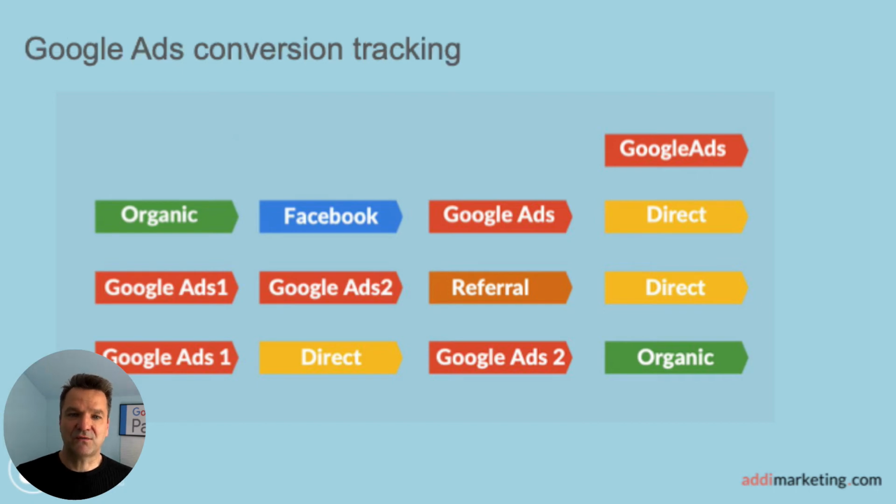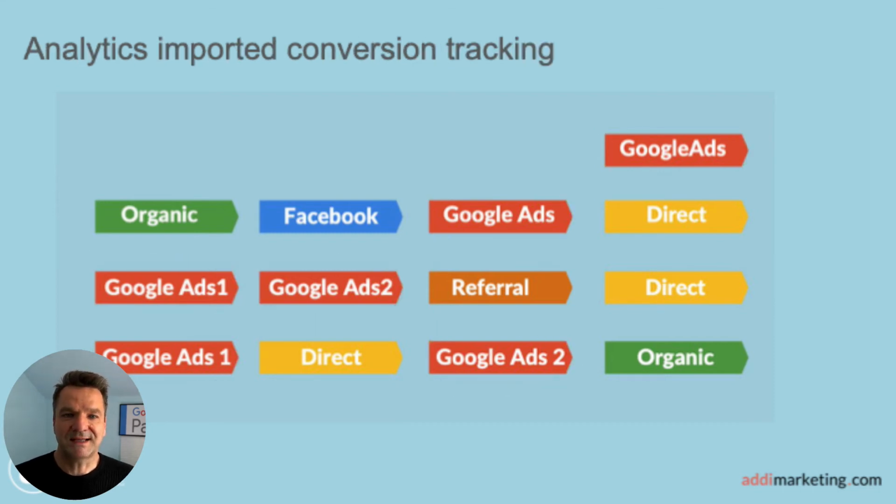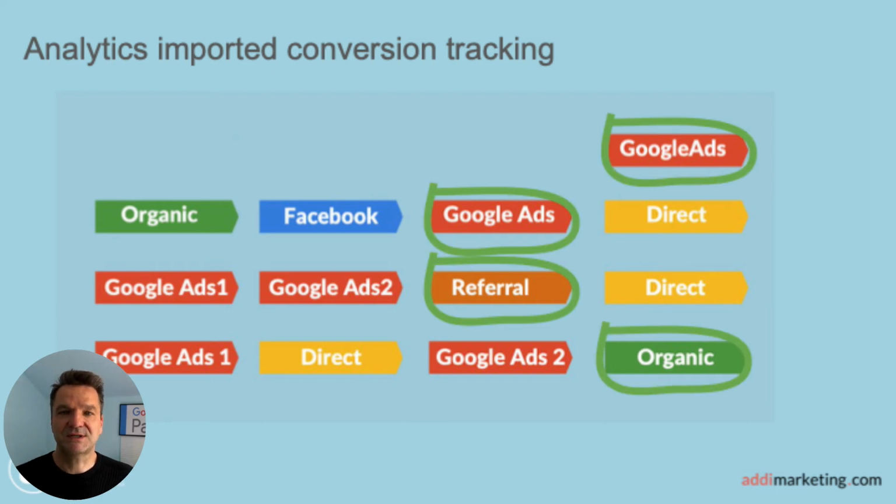In case of Google Ads conversion tracking, obviously all Google Ad clicks are attributed. How do analytics imported conversions appear? Since the attribution method is last non-direct click, in the first case Google Ads will get all credit for the conversion. In the second and third cases, Google Ads and referral will get full credit because it's the last non-direct click before the conversion.